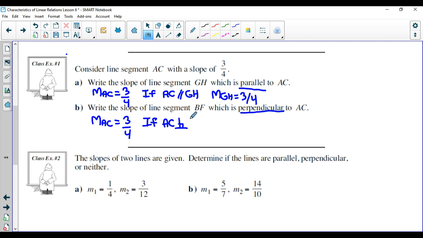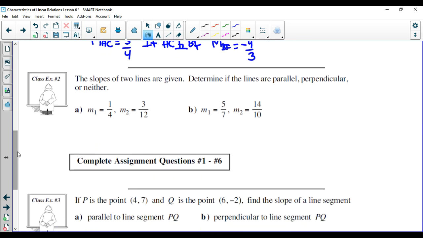So if that's perpendicular to BF, how are the slopes related? Well, the slope of line segment BF would be the negative reciprocal. This is a positive number, so it becomes a negative number. The reciprocal of this fraction would be negative 4 over 3. Again, if you're ever not sure you did that correctly, take the two perpendicular slopes, multiply them together, and they must give you negative 1.